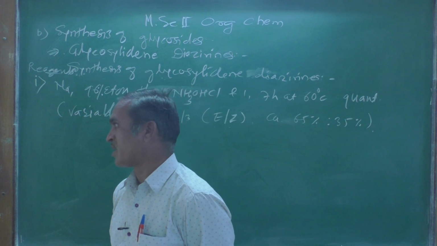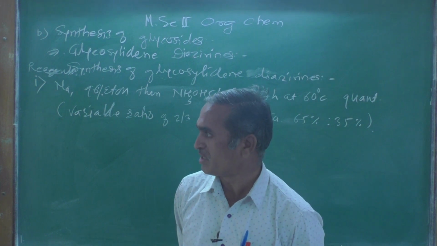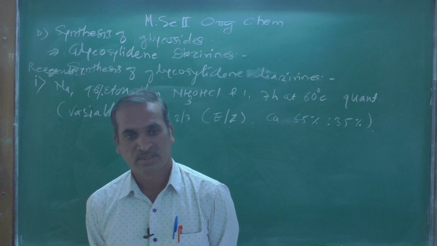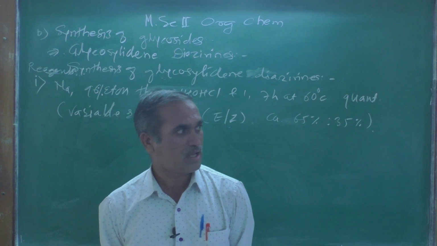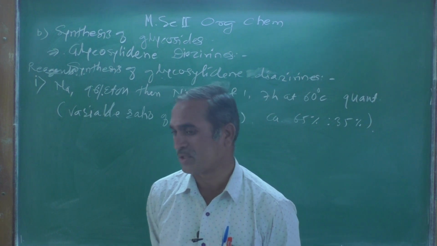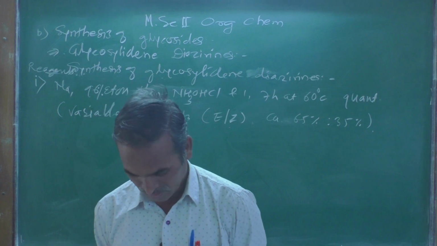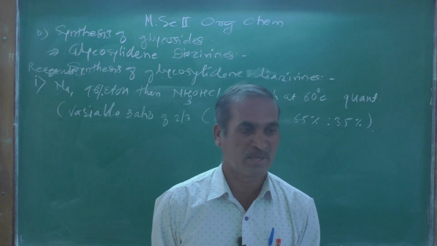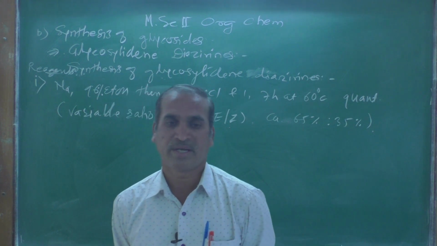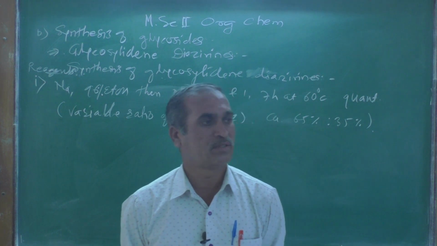As we know, the sequence rules were formulated by three scientists. In short, it is also known as the CIP rule. C stands for Cahn, I for Ingold, and P for Prelog. There are four rules. Number 1, atomic number. Number 2, next atom. Number 3, double bond or triple bond.